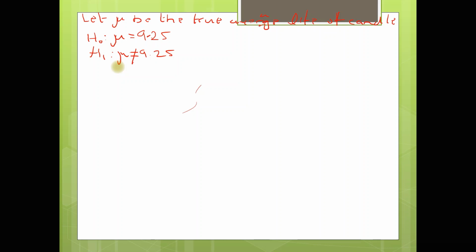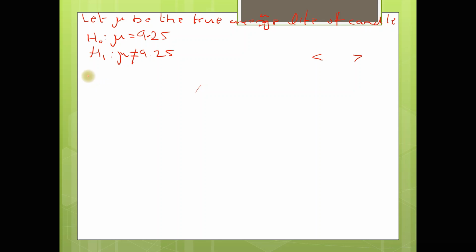So now, I'm not going to just write down the level of significance here and finish though. I'm going to write down something. You see, if you look at the alternative, you will see that there are two possibilities for the alternative. Either the value is less than 9.25 or it is greater than 9.25.